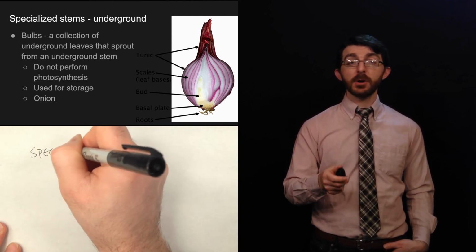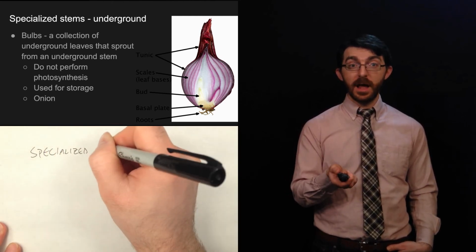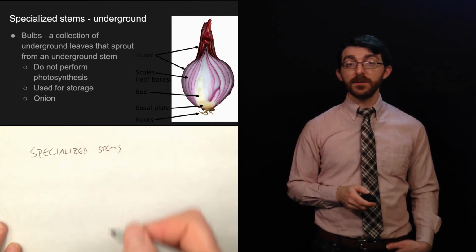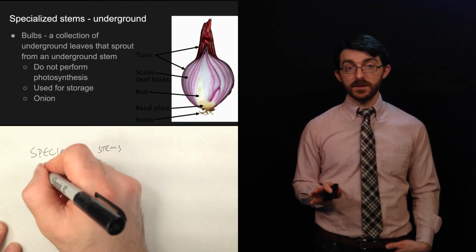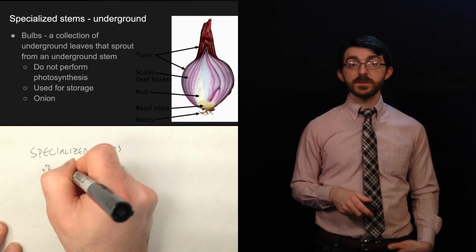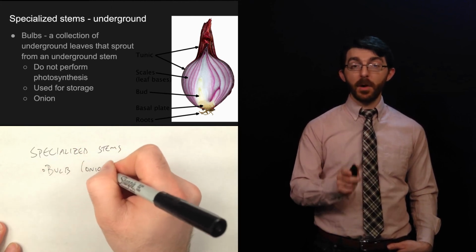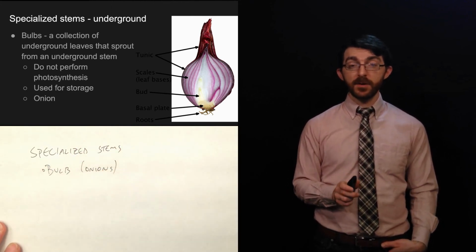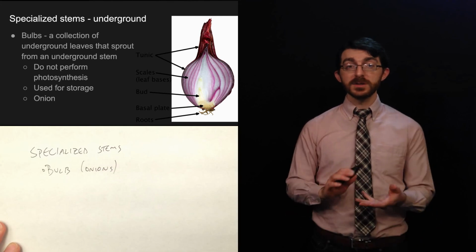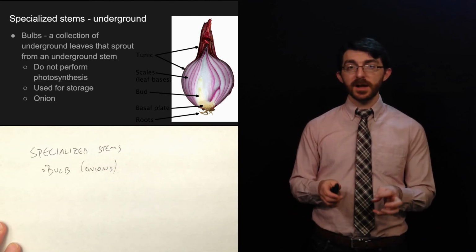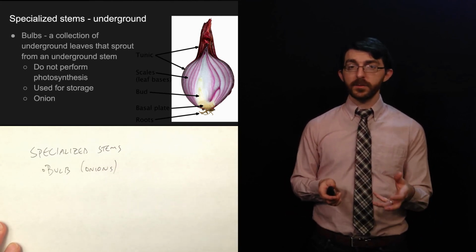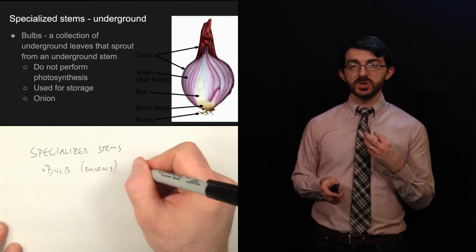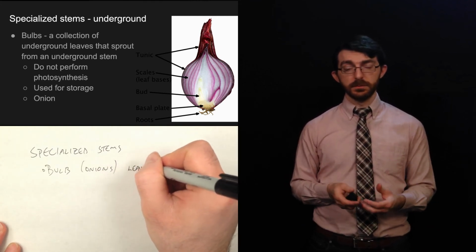It's a collection of underground leaves that sprout from an underground stem. They don't perform photosynthesis. Instead, it's used for storage. And a good example of a bulb would be an onion. If you've ever cut open an onion, you've noticed all the layers. Those are all specialized leaves growing from a stem that just store food.